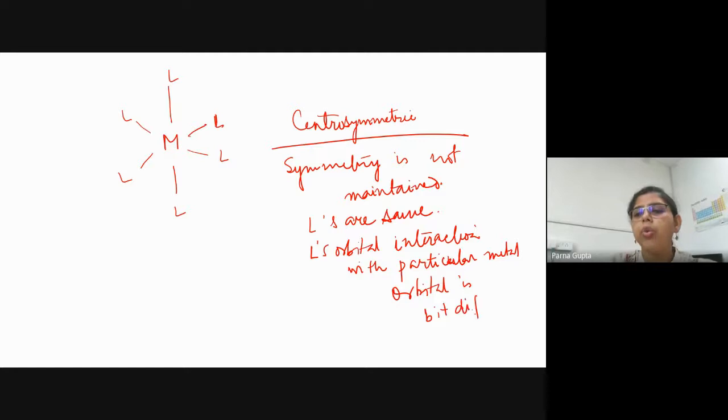Right. We have shown that dx2-y2 and dz2 overlap similarly, but a little bit of differences are there.